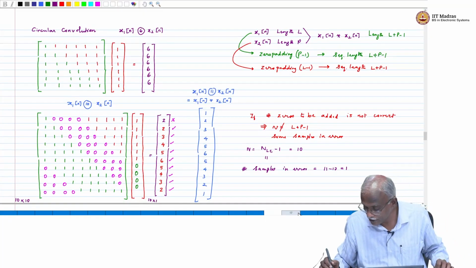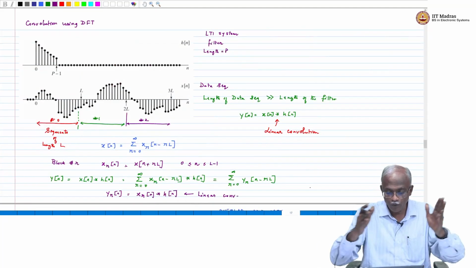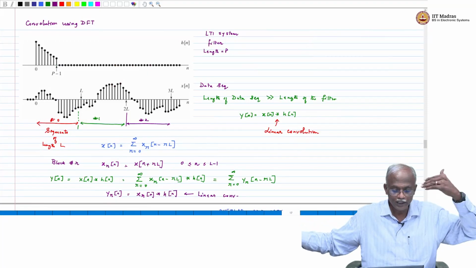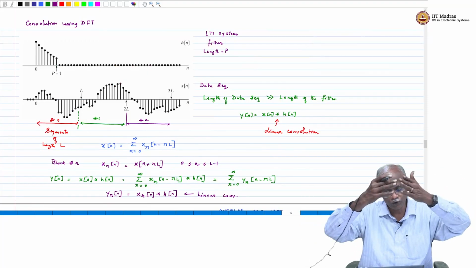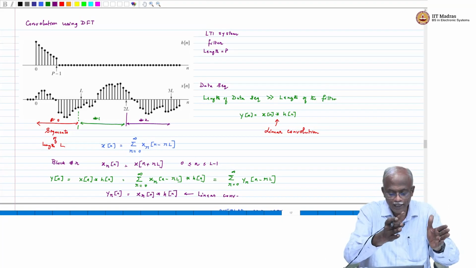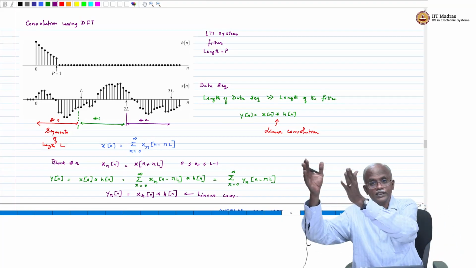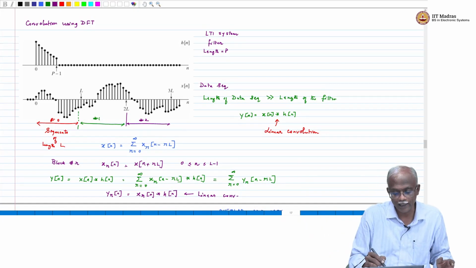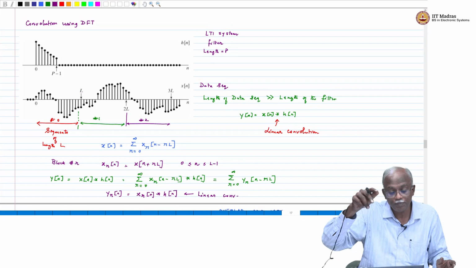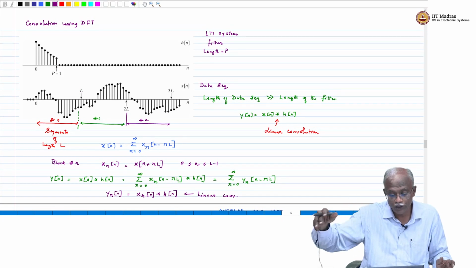Now why was this so important? Because when we did the linear convolution of a long sequence with a filter impulse response which was much shorter, we said we will break up the long sequence into segments of length L. The length of the filter is P, 0 to P minus 1.